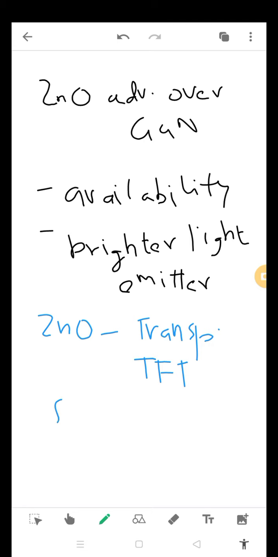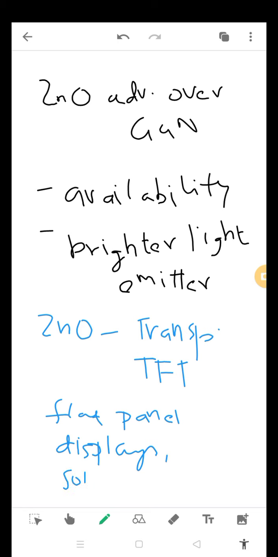And also there are flat panel displays and solar cells based upon zinc oxide.